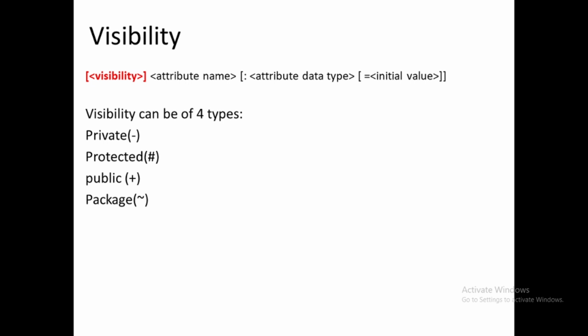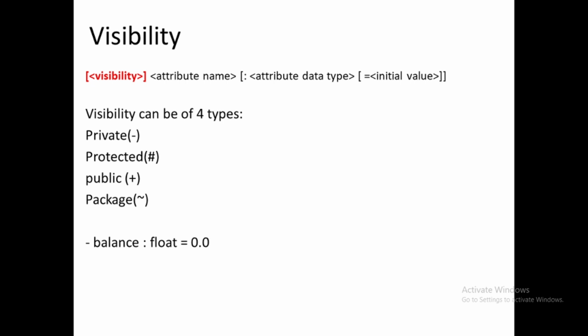Remember, among these 4 visibilities, the package visibility is default. It means if we don't specify any visibility, then automatically it will take package visibility. And that is why it is written in between square and triangular bracket, both.